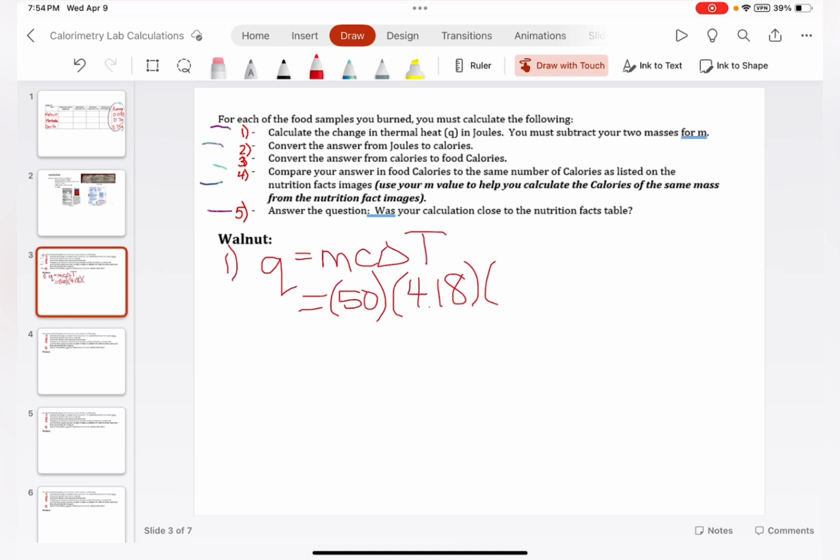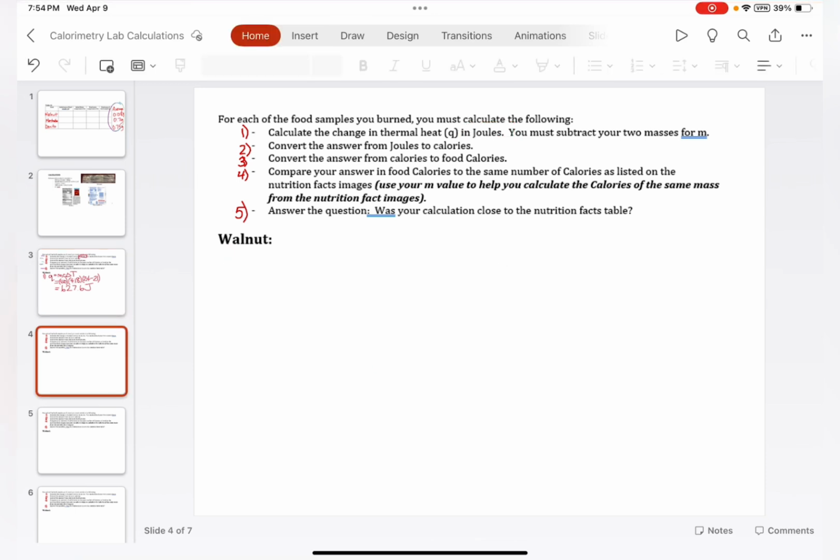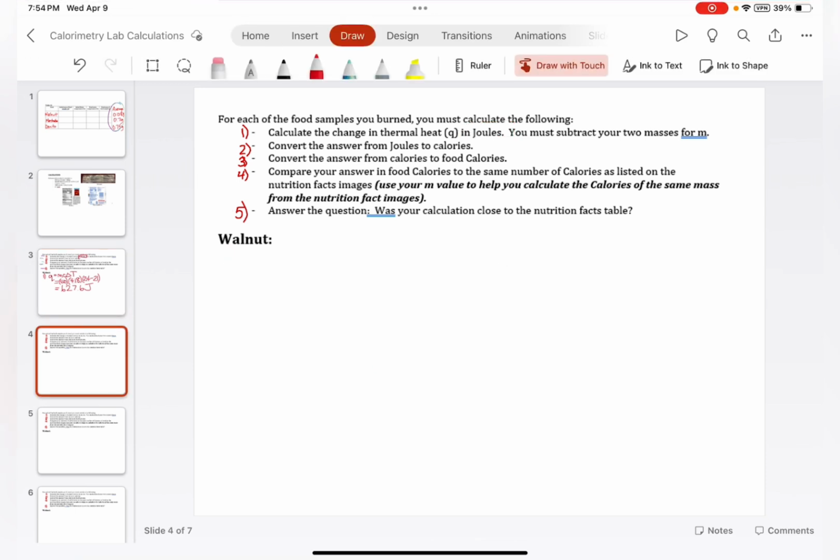The final for them was 24 degrees minus the initial, which was 21. So when you do this calculation, you get 627.6 joules. That is what this question is asking. So calculating the thermal heat in joules. This one's done.